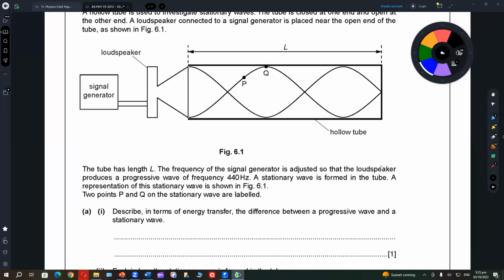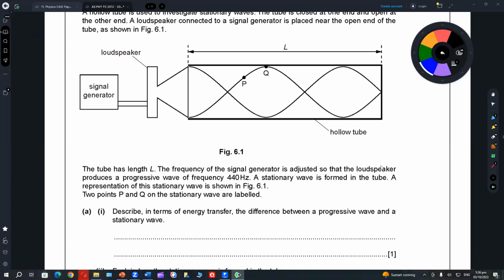Is it the story of node and antinode? Can you hear me? A stationary wave is formed in the tube. A representation of this is shown in the figure. Two points P and Q in the stationary wave are labeled.